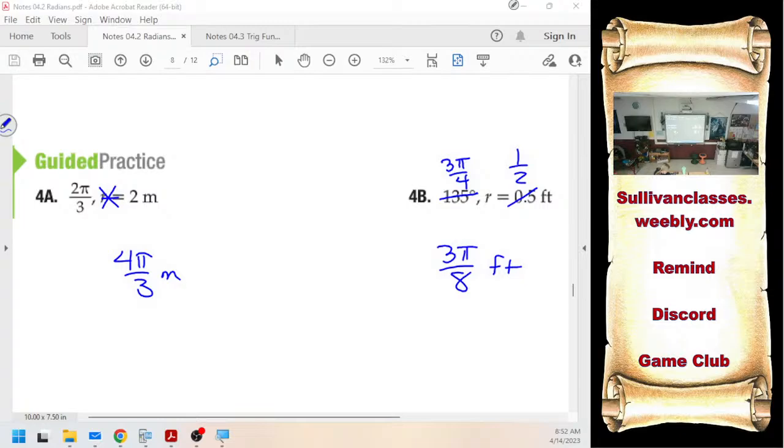Fractions in terms of pi are vastly superior. Well, they're more accurate, they're more precise.